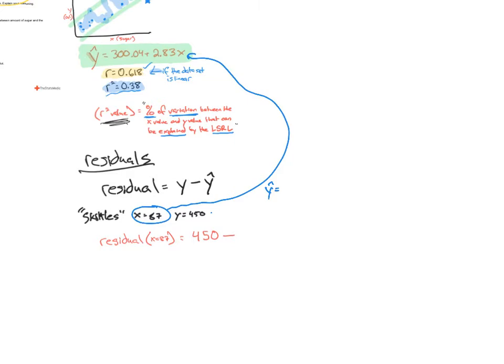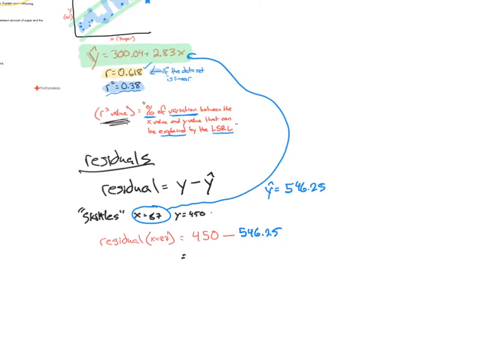Let me try my calculator. 300.04 plus 2.83 times 87. Looks like we get 546.25. So let's plug that in, 546.25. All right, let's keep going.